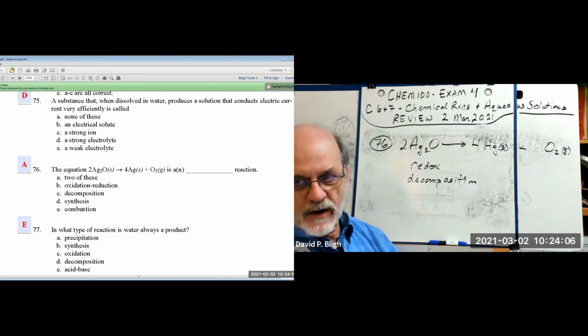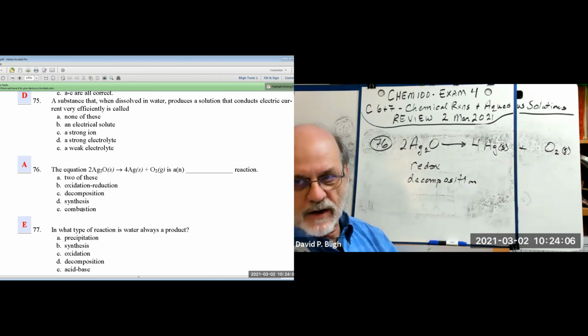What type of reaction is this? Okay, you see you've got an element there, an element there. They're in compound here. Oxidation reduction for sure. But what other possibilities could there be? Well, two simples, a complex makes a synthesis. Right? Is there a synthesis here available? No. There's no precipitation.